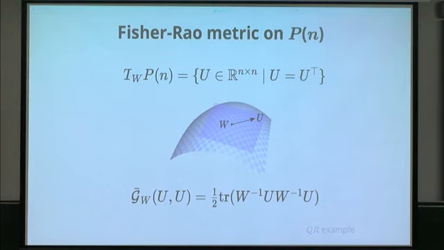So it's an open subset actually of a vector space. So that makes things a bit easier. And then the Fisher-Rao metric is the one that looks like this. It depends on the base point W, takes two vectors, symmetric matrices, and then this is what you need to do.